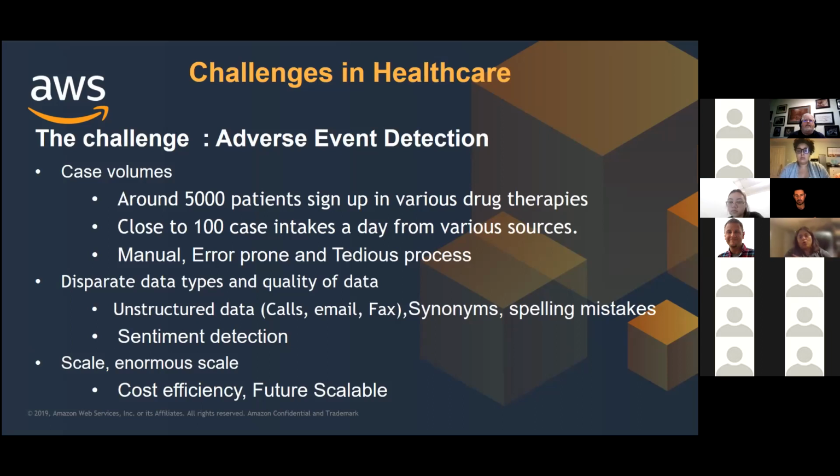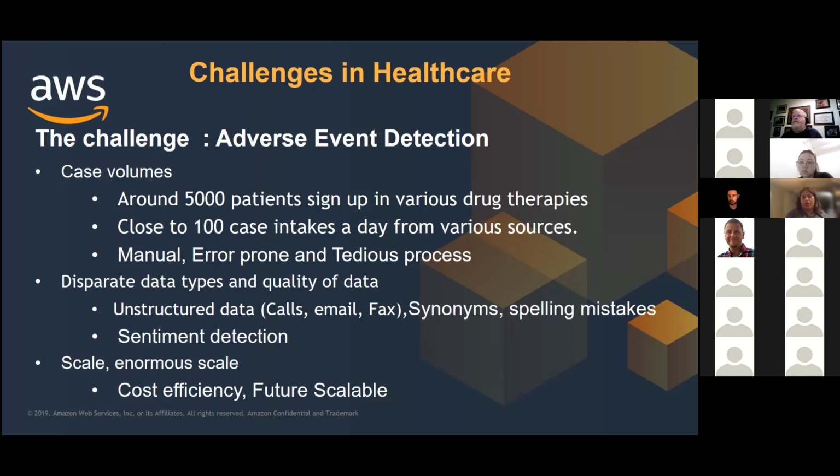How do we detect an adverse event based on that call? Since we are totally virtual, I do have a recording of such a call, and I'm going to upload this recording in my demo to an S3 bucket, and then show from there how the process gets triggered, how we actually detect an adverse event, and how we can visualize it in Kibana.